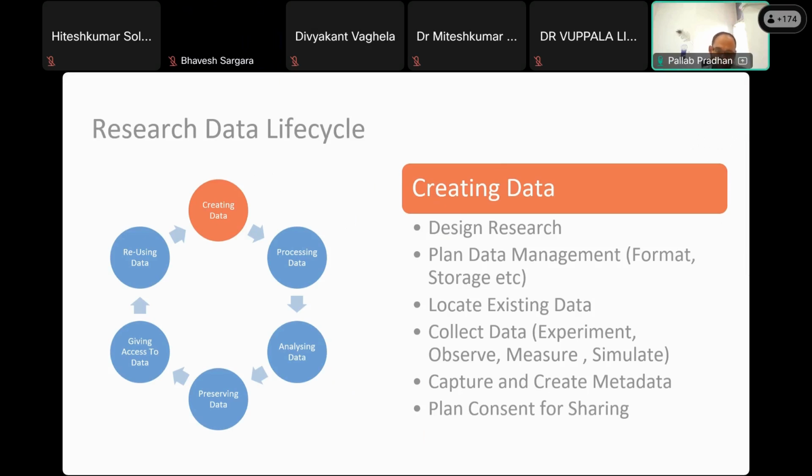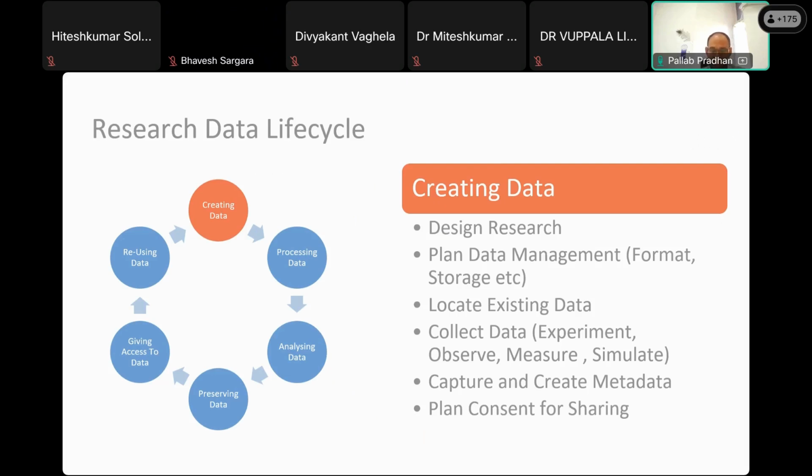And furthermore, at the time of creation of data, we also need to locate our existing data. If we or any other colleagues have done some kind of work earlier, and data is available, we can collect and verify it, so that the DMP, or data management plan, helps us save time and effort.